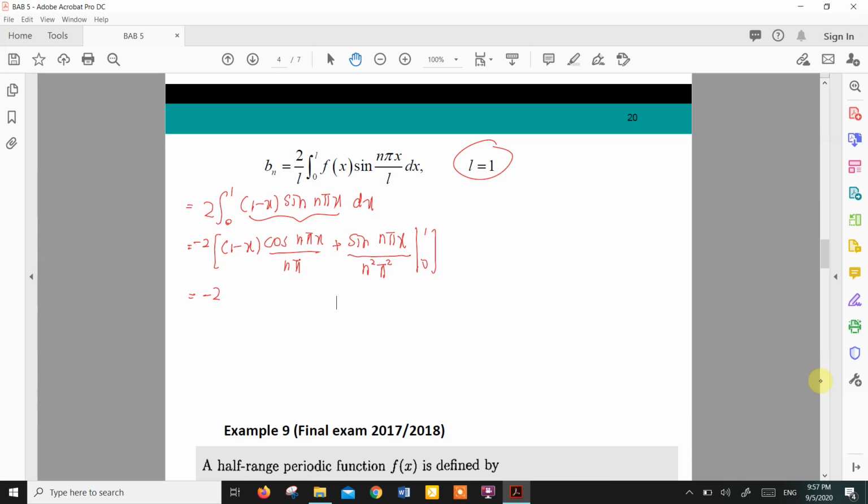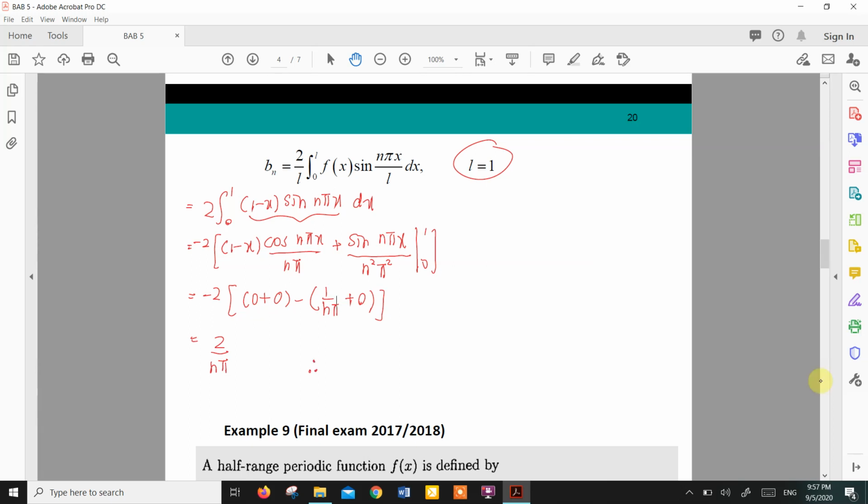So you substitute in the values, you get 0 plus 0 minus 1 over n pi plus 0, which is equal to 2 over n pi. So Bn is equal to 2 over n pi.